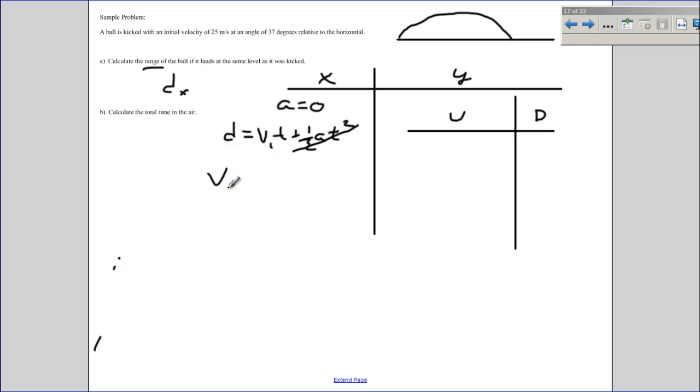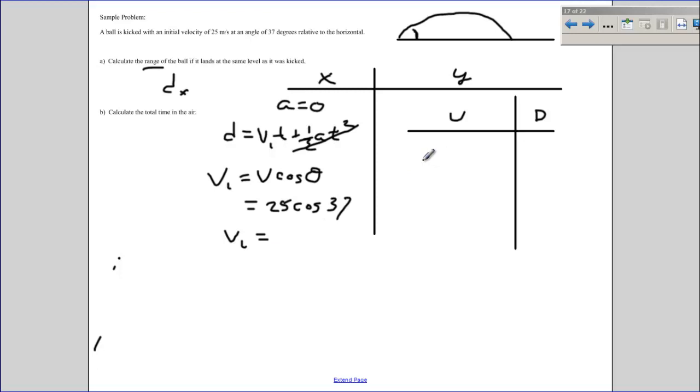My v initial is going to equal the v that was given times cosine theta, because the angle was given between the horizontal and the velocity vector. So I'm just going to plug in my numbers: 25 cosine 37, and that gives me a number. I don't know what the number is, nor do I really care, but I know it's going to be something less than 25, so it's, I don't know, 17, something like that.